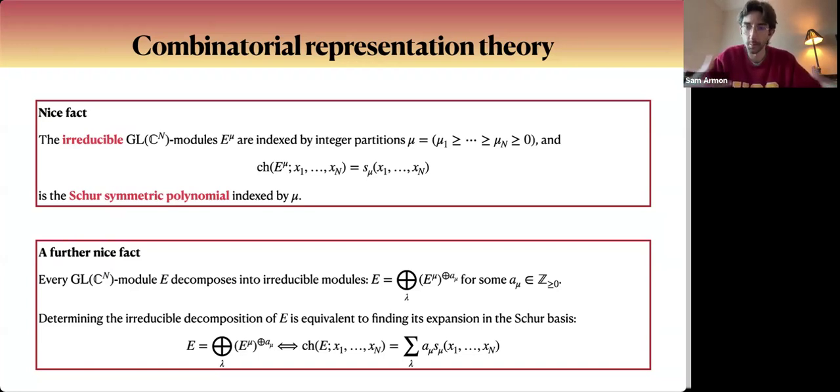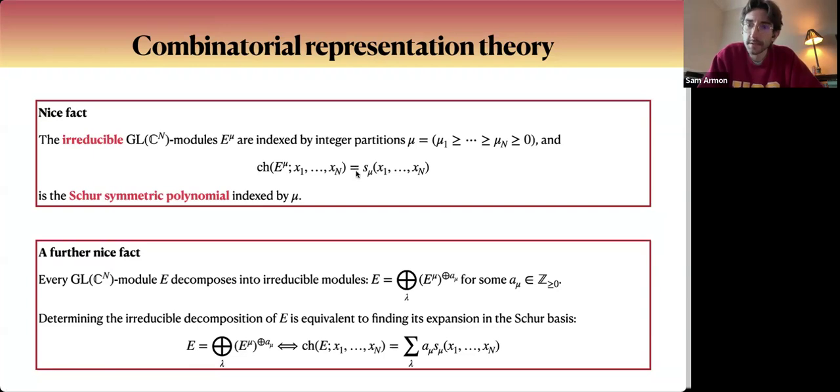So the irreducibles form the building blocks of my GLN representation theory. What this means is I have a direct sum decomposition of some number of copies of each E mu. Sorry, the subscripts here should all be mu's, I apologize. But I have some direct sum over the irreducibles, some number of copies of each irreducible, and that uniquely determines any given module up to isomorphism.